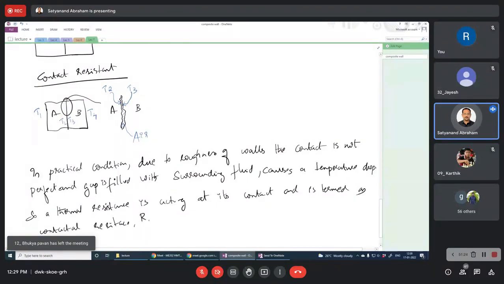It is given by the term R_tc, the thermal resistance due to contact.